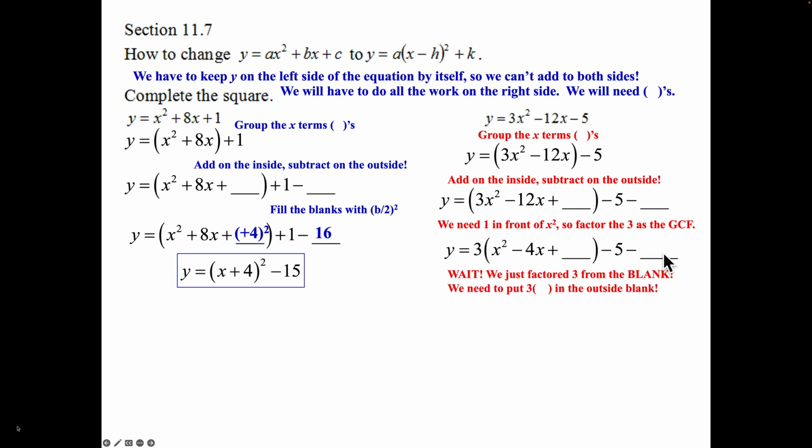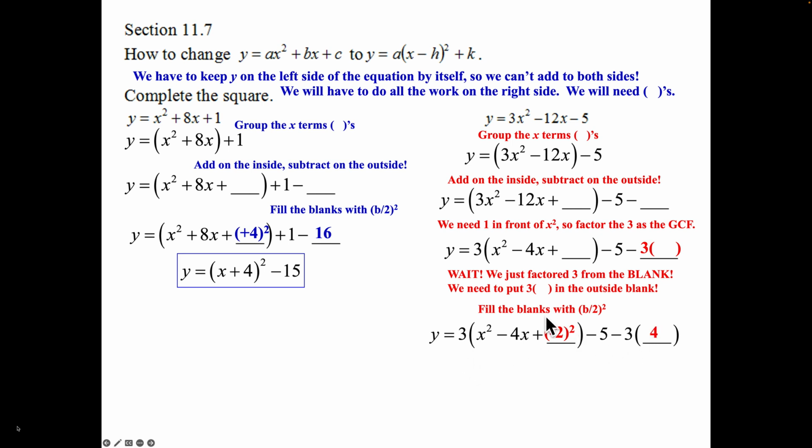So we're going to put 3 parentheses blank. So this will be minus 3 times the parentheses, and what this blank is, we fill it here. Just like we did over here, you take a positive 8 divided by 2 is a positive 4, you square it. We're going to take negative 4 divided by 2, is negative 2, squared is a positive 4.